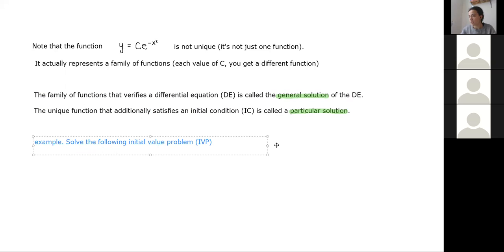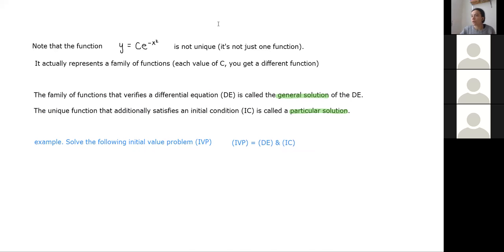We already talked about this at the beginning of the semester as well. When I say initial value problem, what that means is a differential equation and an initial condition, right? So in these cases, I can actually find just the one function that satisfies both of these things at the same time.